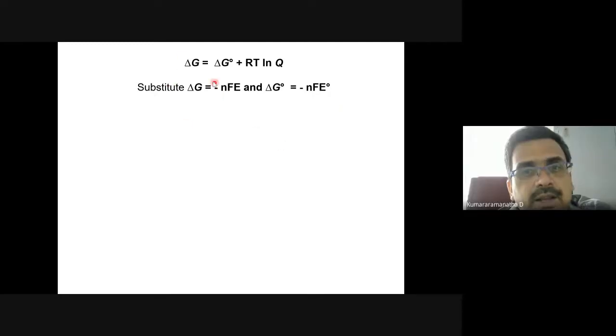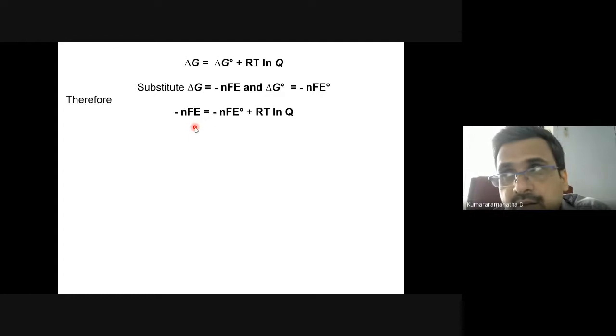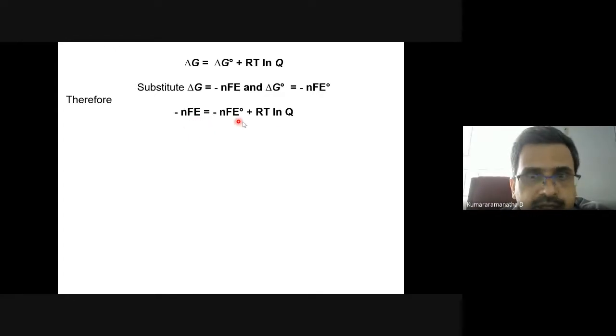What will the expression be? Minus NFE equals minus NFE naught plus RT ln Q. Wherever delta G is there, minus NFE, and wherever delta G naught is there, minus NFE naught, because the other things are all constant. ln Q is the natural logarithm. This is the expression all of you get first.